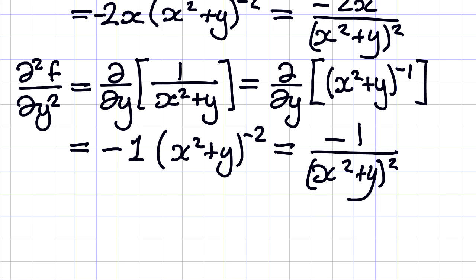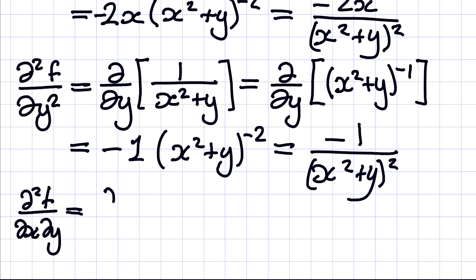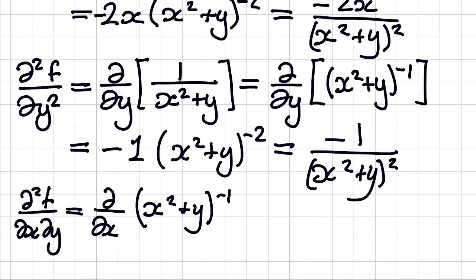So a final thing to calculate is the final cross derivative, d2f dx dy. So that's d by dx of df dy. So that's x squared plus y to the power minus 1. So yet again I use the chain rule.